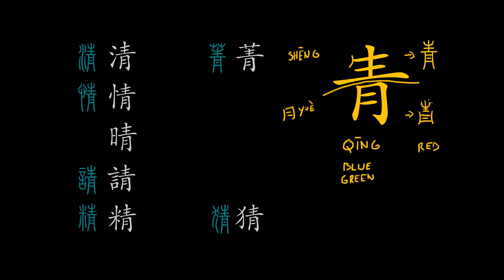And the original element, which was in place of the yue, of the moon today, means vermilion red, and is written like this today. Like this. And it's pronounced dan, and it just means vermilion red.